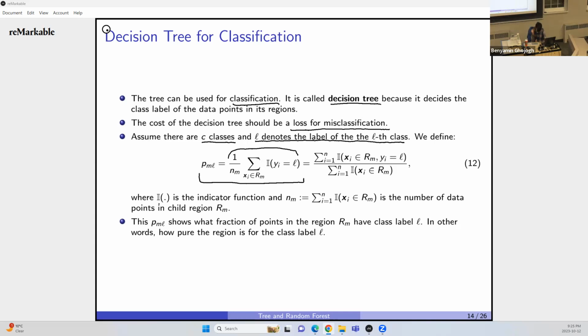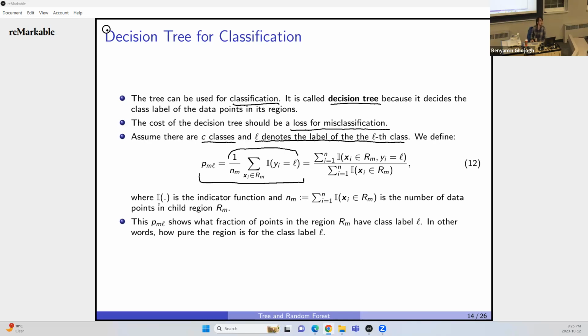Can you tell me? Oh, p_ML has two subscripts, M and L. M is for the region, L is for the label, right? So p_ML basically means the probability of the class L in the region M.